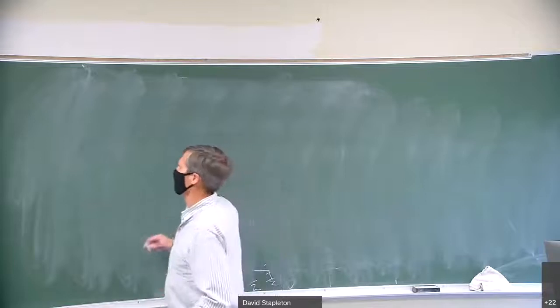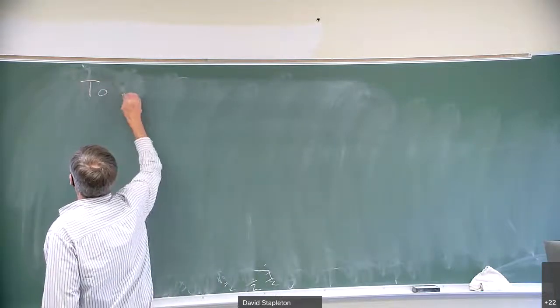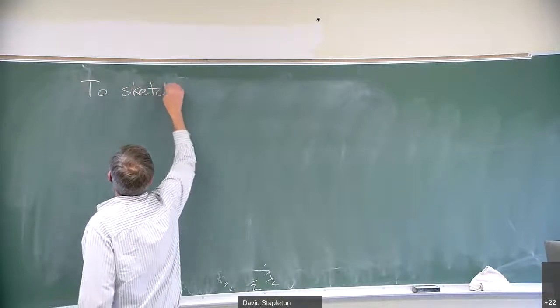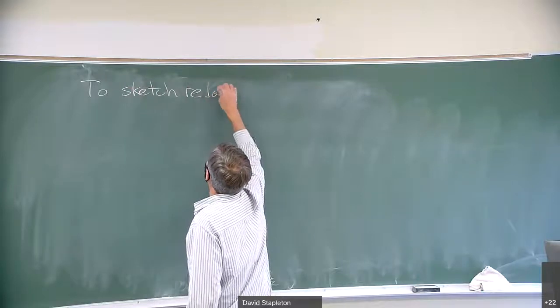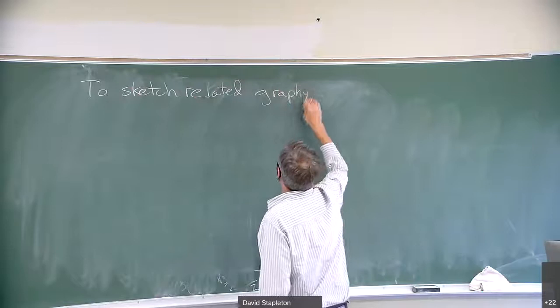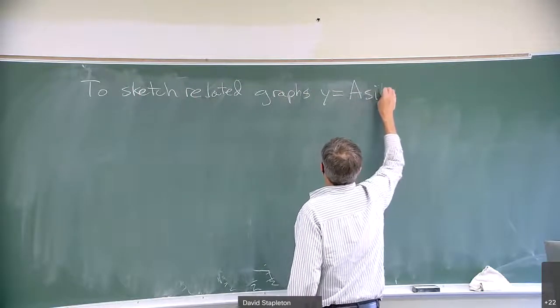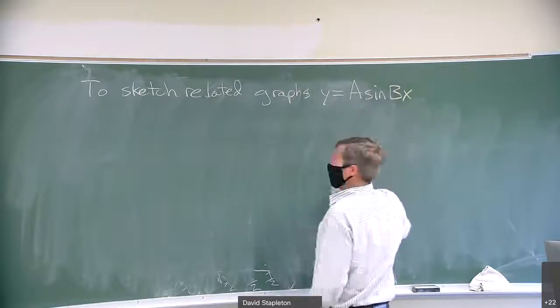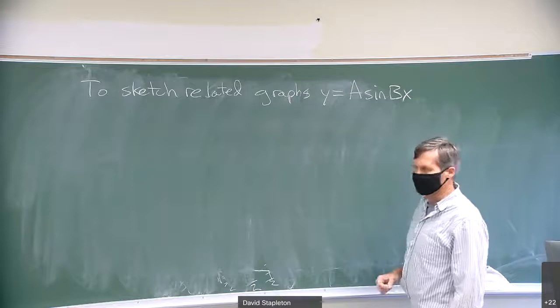It's always got a different frequency. And so what you do is this. To sketch related graphs, which is what comes up in practice, y equals a sine bx, where a and b are just numbers that you're given, we can use our algebra strategy.